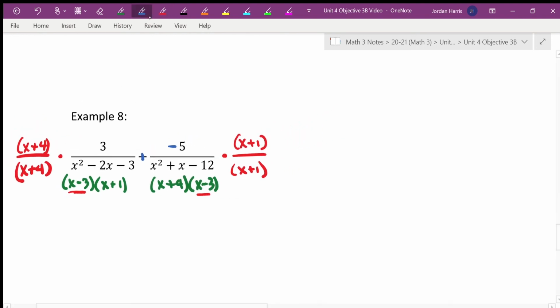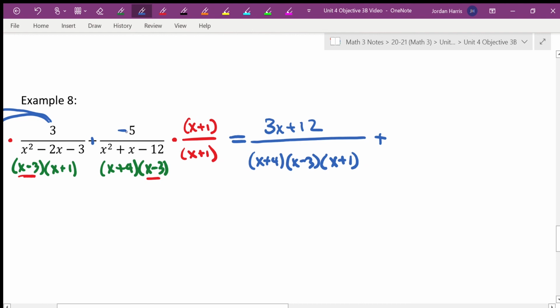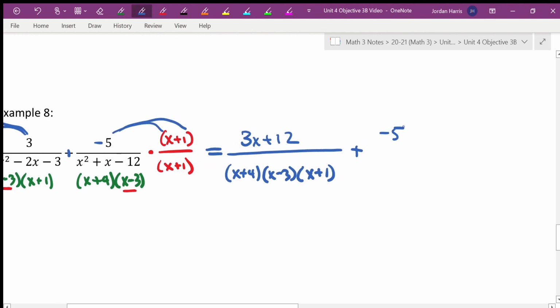Okay, so when I simplify this, remember we got to distribute on the top, because we got to combine like terms. We got to know what our like terms are. So 3x plus 12 all over x plus 4, x minus 3, x plus 1. Plus, because I moved the negative over, distribute my negative 5: negative 5x minus 5 over x plus 4, x minus 3, x plus 1.